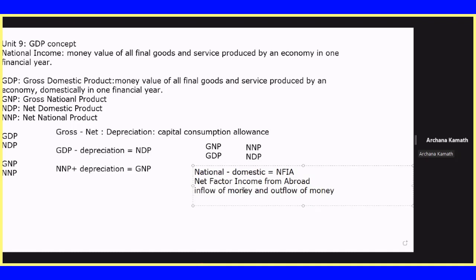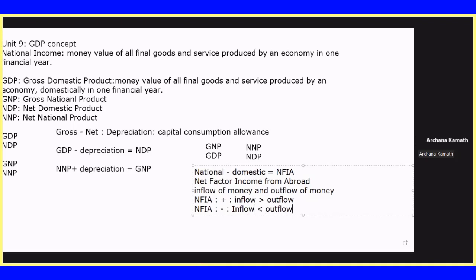Okay. This NFIA can be either positive or negative. If it is positive, it means money is coming to our country to a greater extent than the money that is going out of our country. If NFIA turns out to be a negative value, it only means inflow is lesser and outflow is greater.